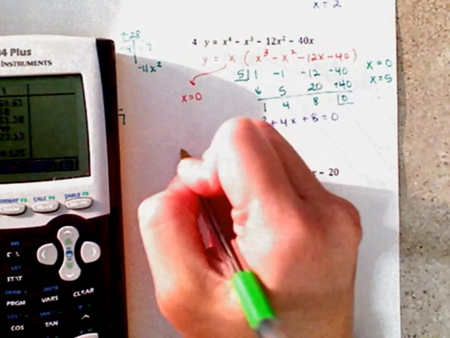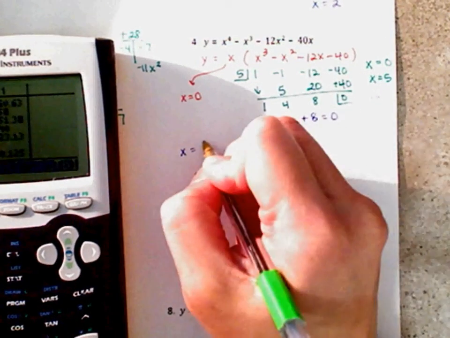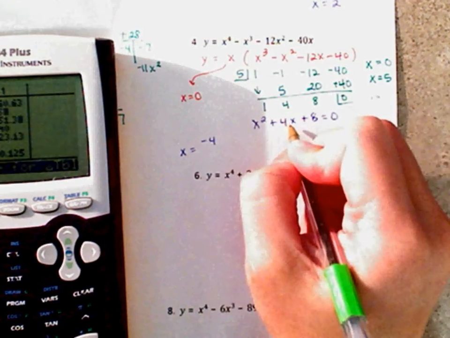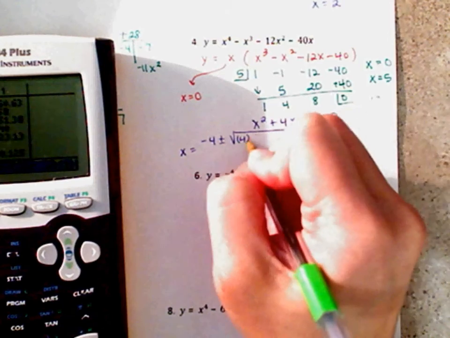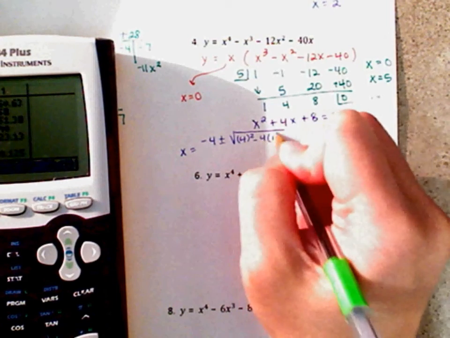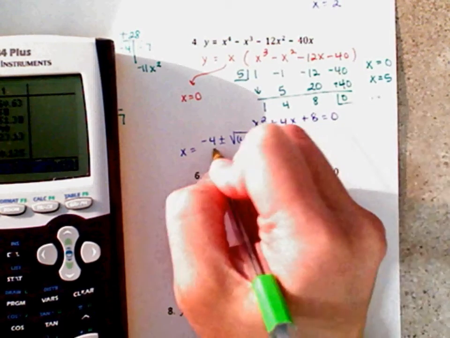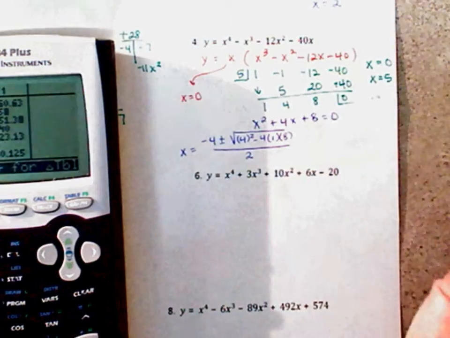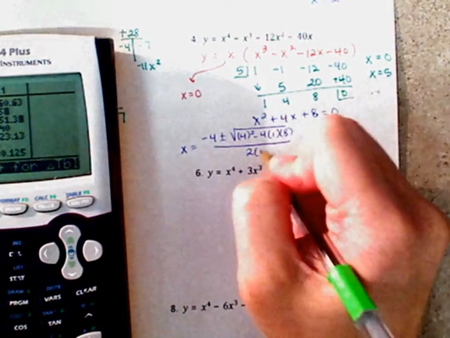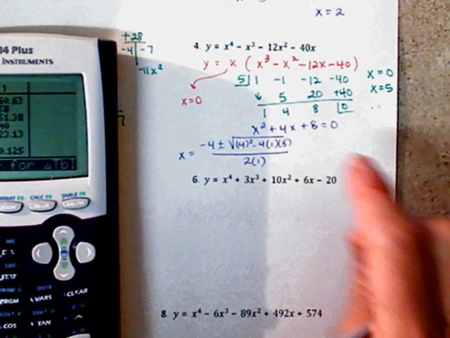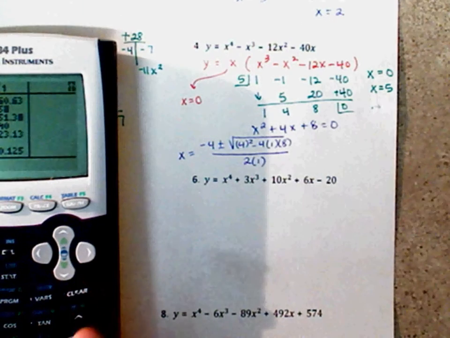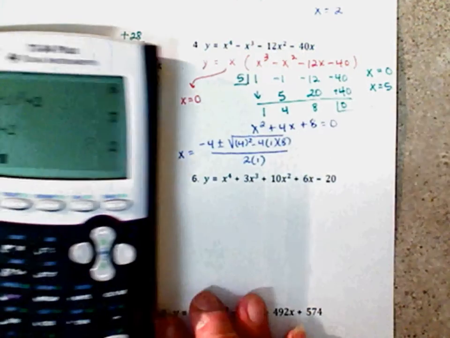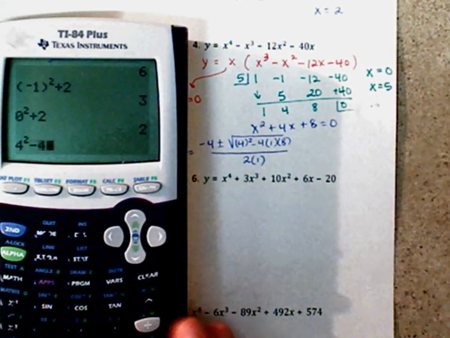So x equals negative 4, there's your b, plus or minus square root of 4 squared minus 4 times your a times your c, all of that over 2a, which is 1. Okay? Always take care of what's underneath the radical first. So I'm going to say 4 squared minus 4 times 1 times 8.